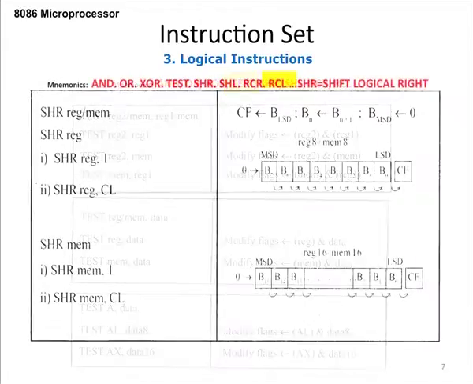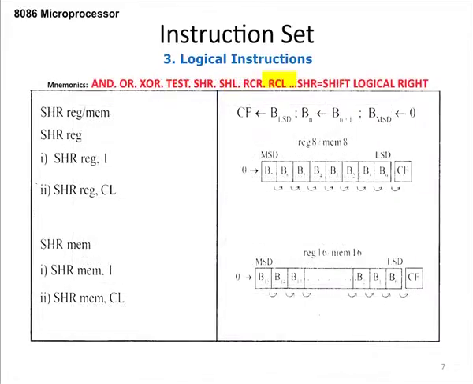After the test instructions, we have another logical instruction, that is the shift instruction. These instructions are used to shift the contents of a register or memory location either left or right by 1 bit. Now let us see the various shift instructions available in the 8086 microprocessor.